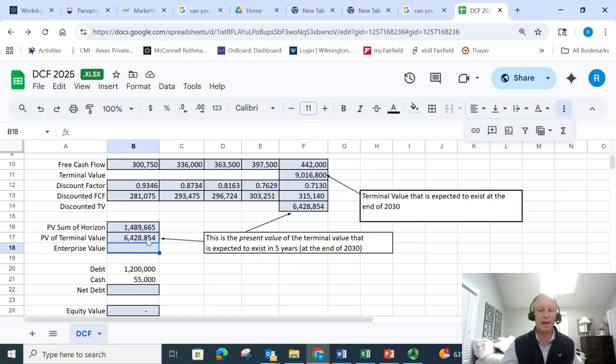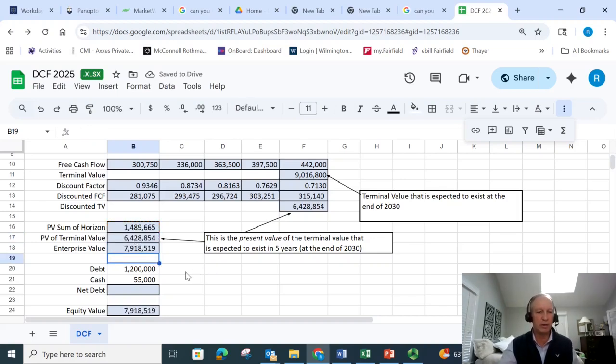And so the enterprise value, the total value of the discounted free cash flow, is simply going to be the present value of the horizon plus the terminal. 7,918,000 and change.